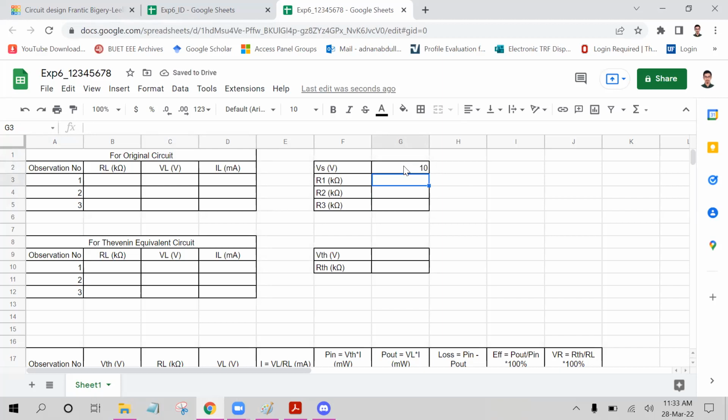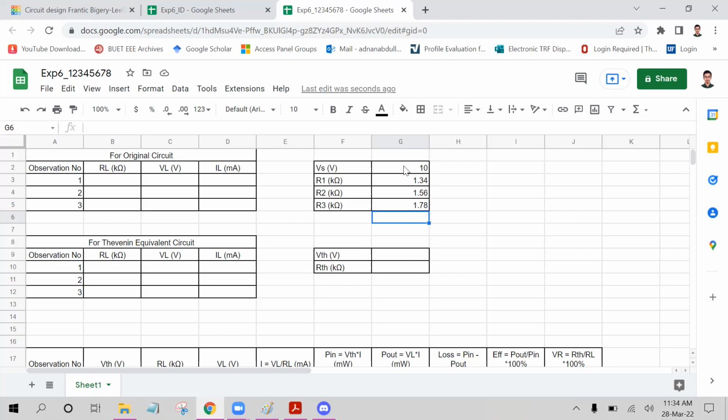R1, R2, R3, these three are different for every student. So please fill up according to your values. Everyone done? Can I proceed?